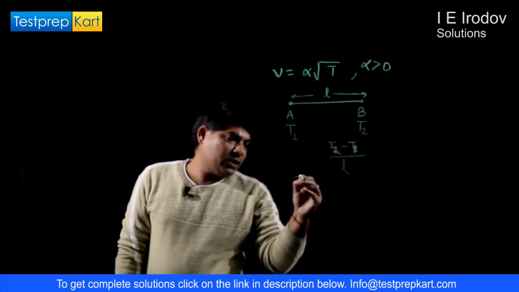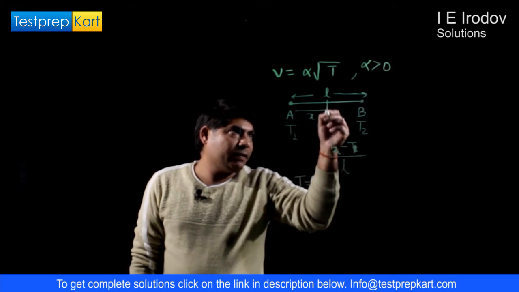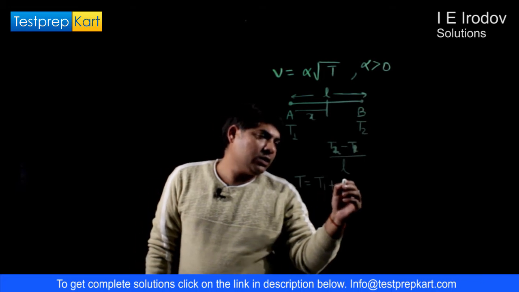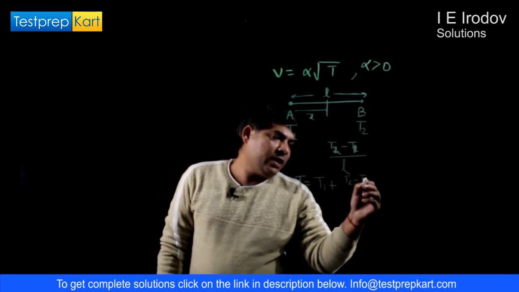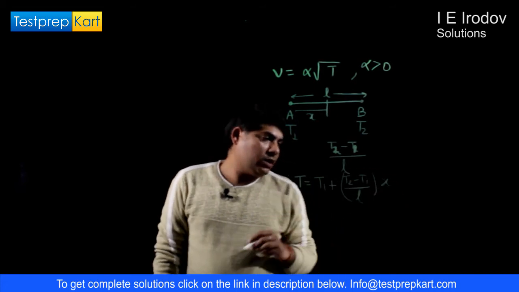So the expression of temperature at any distance x from point A can be written as T equals T1 plus (T2 minus T1) over L into x, right?